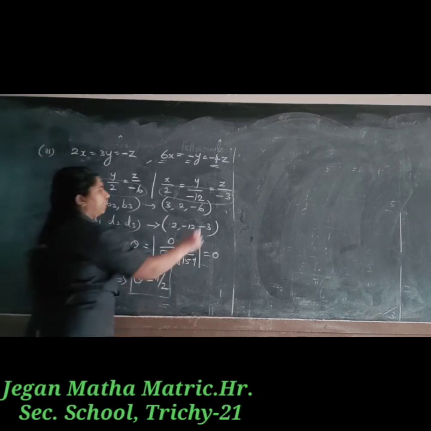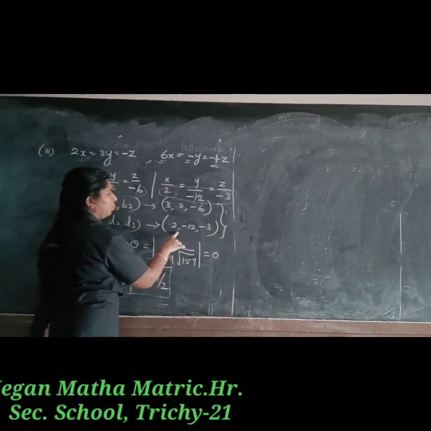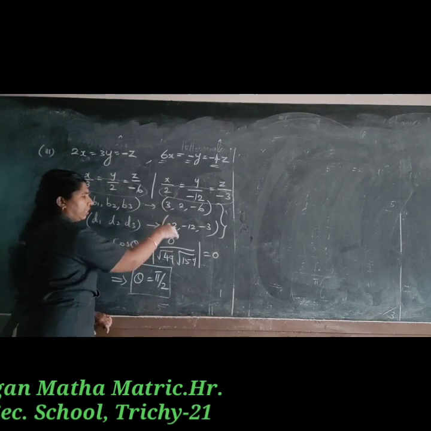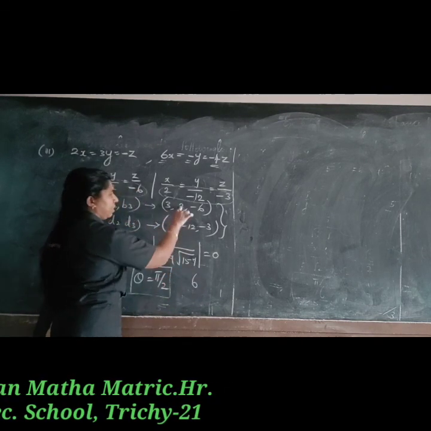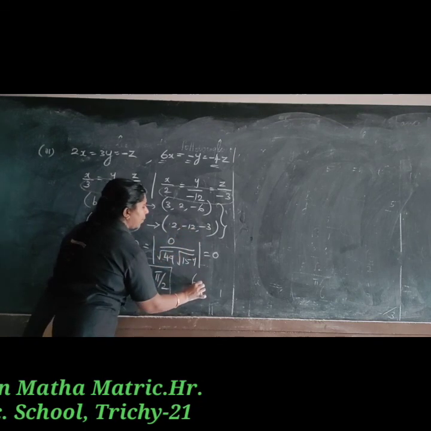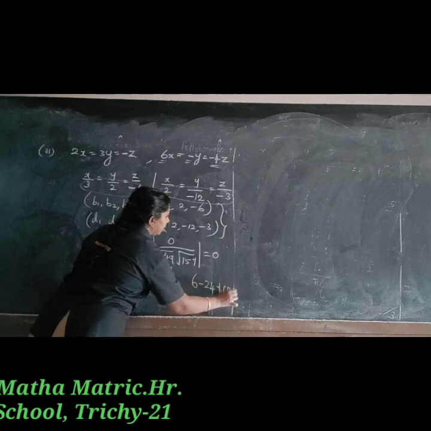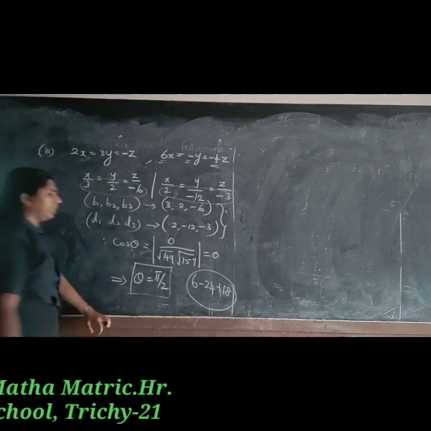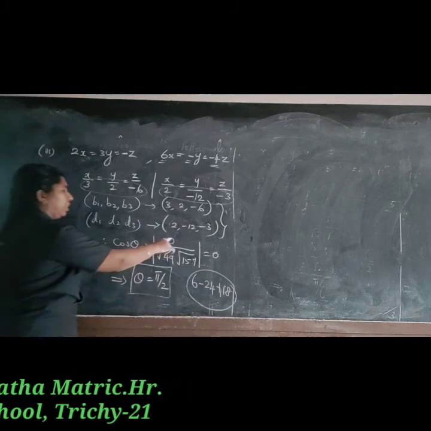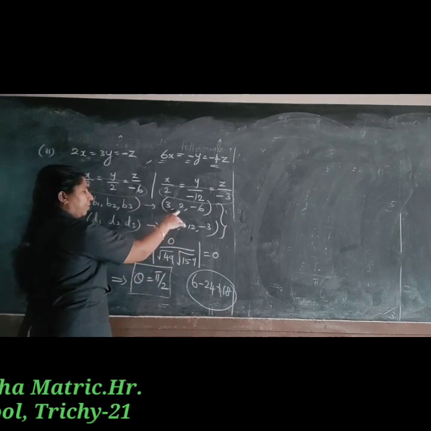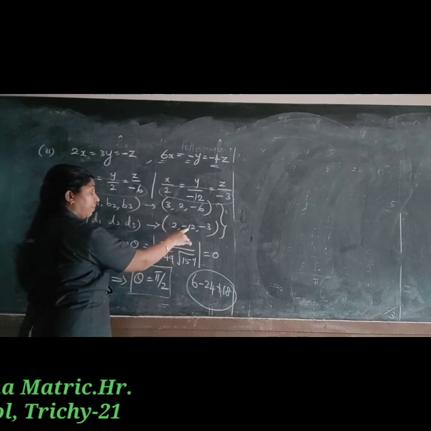When you are finding the dot product between these two, we are getting the value as 0. That is 3 2s are 6, 2 into minus 12 is minus 24, plus 18. So when you add all the values together, the numerator will become 0. Denominator is square root of 49 for this and square root of 157 for the second.